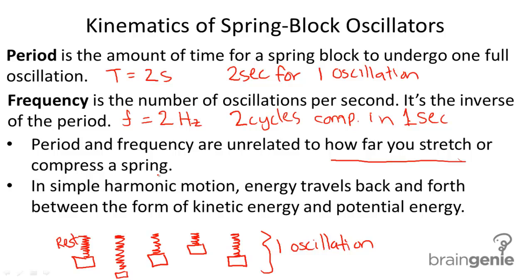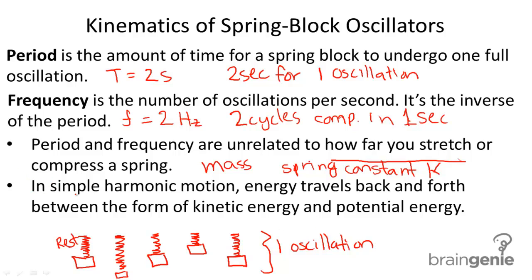No matter how far you stretch or compress the spring, this does not affect the period and frequency. We'll see there are only 2 things that affect the frequency and the period, and that is the mass of the block that you hang and the spring constant K.